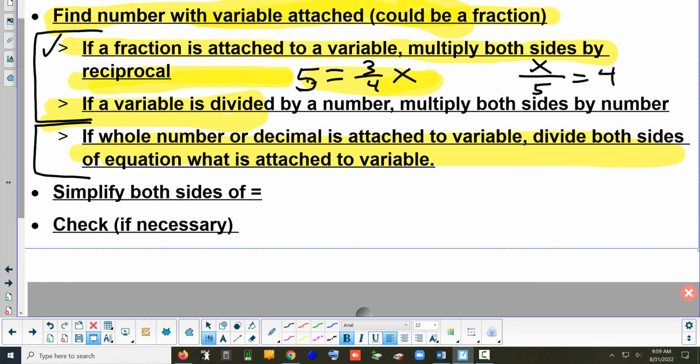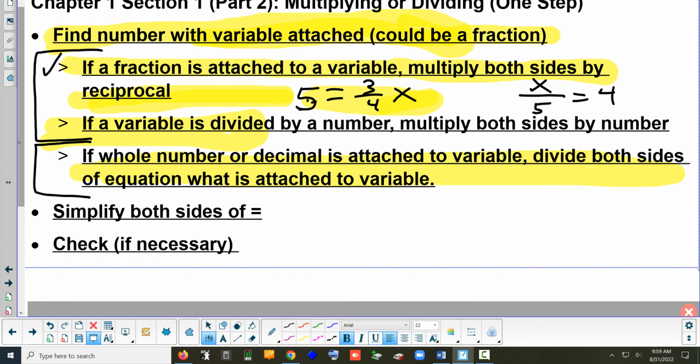Right? So as far as rules and steps, those are the only steps we have to know for today. You have to know when to multiply, and you have to know when to divide. Okay? And as I go through and I call on people, if you get stuck, go back, look at your guided notes, and look up the rule for when you multiply or when you divide.